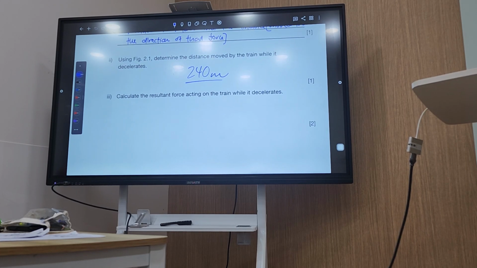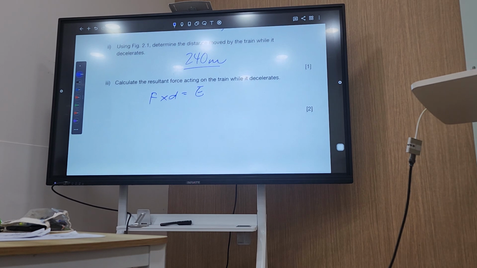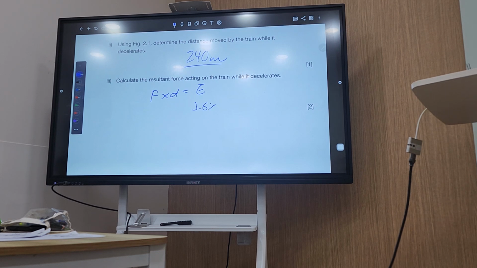Now, resultant force acting. You have force times distance gives you energy. The energy that you possess at the very beginning is the KE, agree or not? So down here you have your 3.6 times 10 power 7. Force is what you want to find out. What's the distance, Shafiq? 140. Agree.